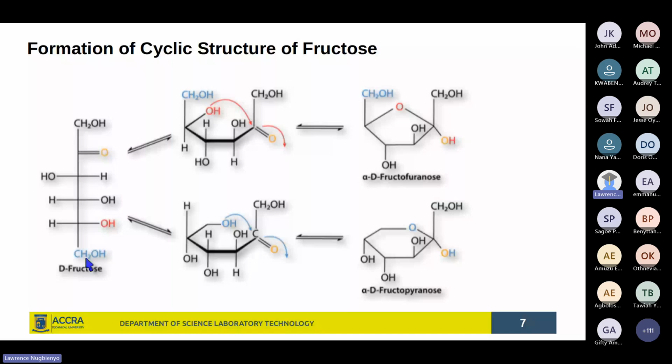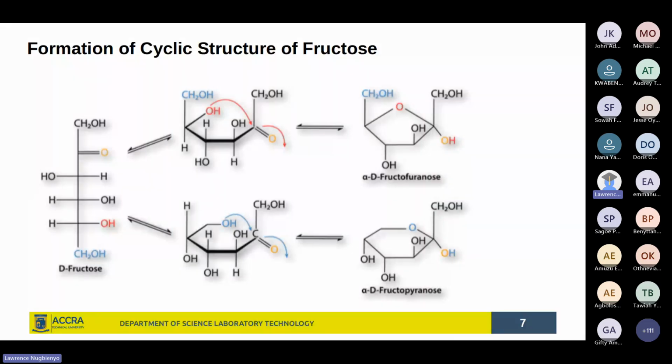So that CH2OH is written in blue, so that we can trace the formation of two different types of rings. So you see, this is where the question that was asked by Tawia earlier comes in, what shows that the interaction between the hydroxyl group on carbon number 5 is the most stable.